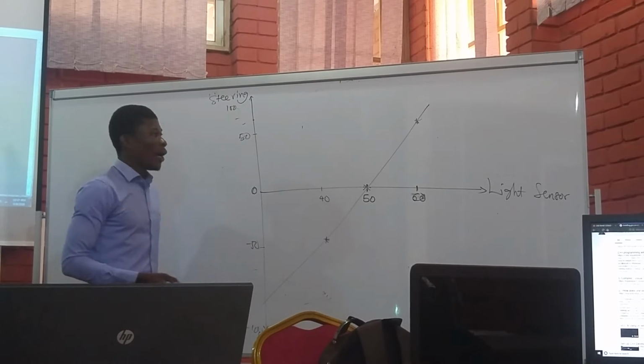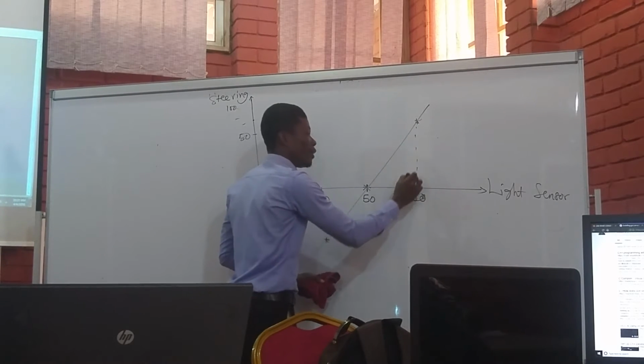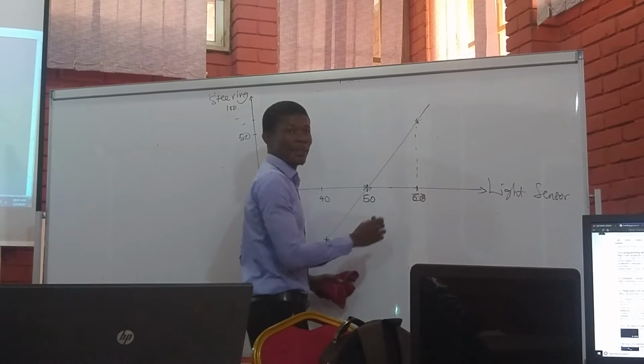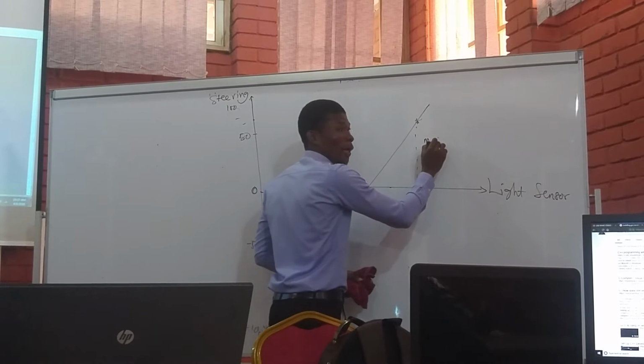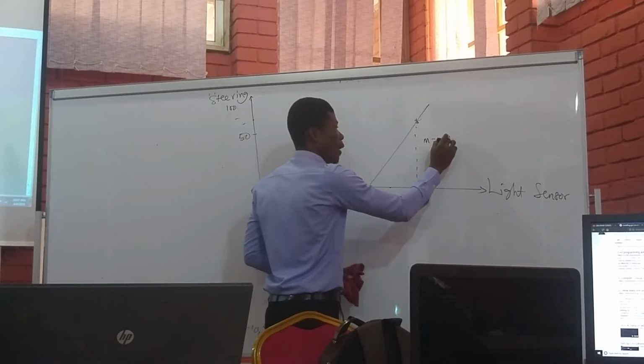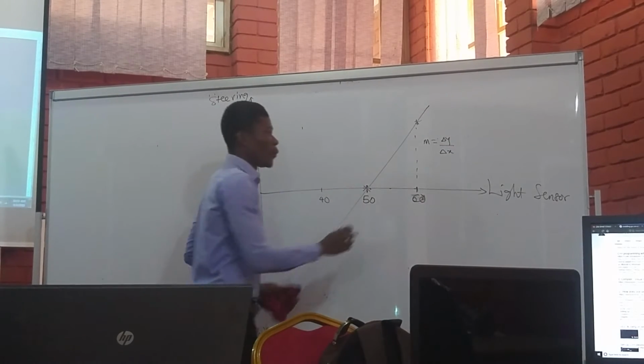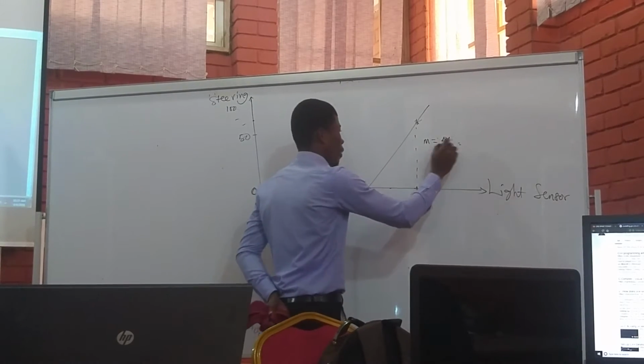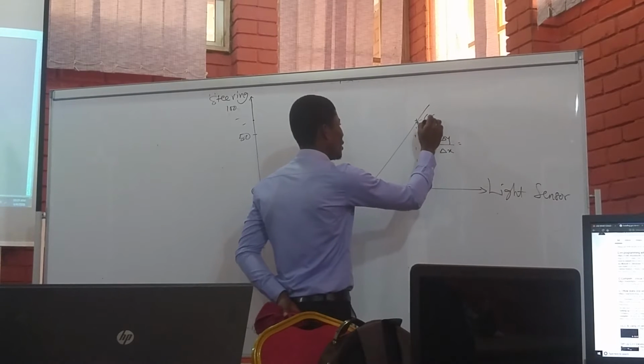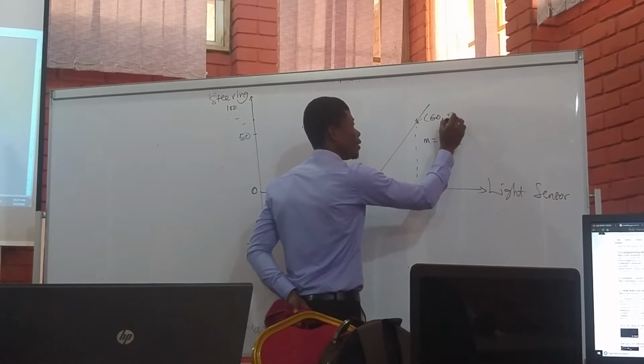I follow. Now I can get the gradient of this line, can't I? So m equals what? Change in y over what? Change in x. So what do I have? This point is what? 60, 50.